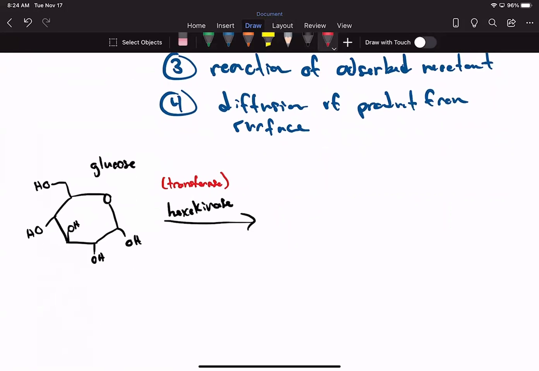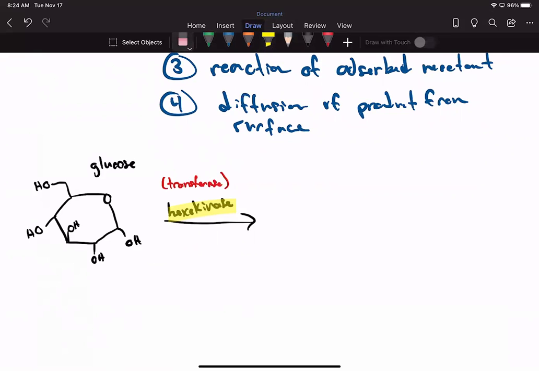Hexokinase is the actual catalyst, but the type of catalyst it is is what we call a transferase. So a transferase, just like in the name, is that we're going to be transferring something, right?